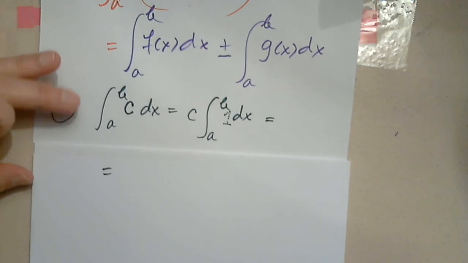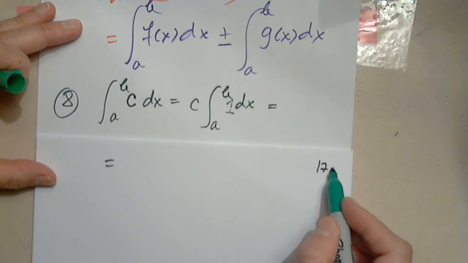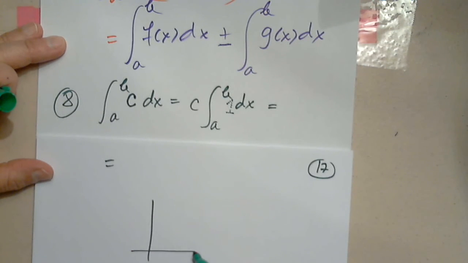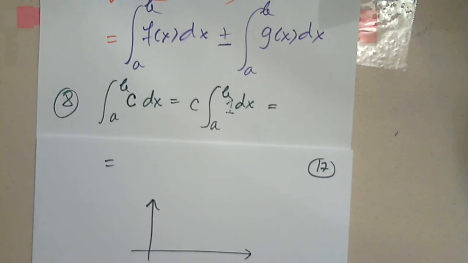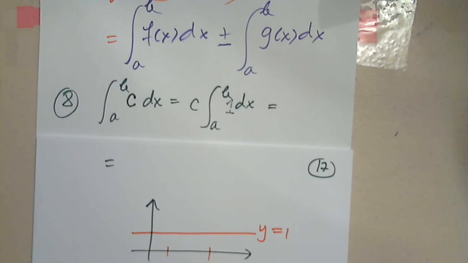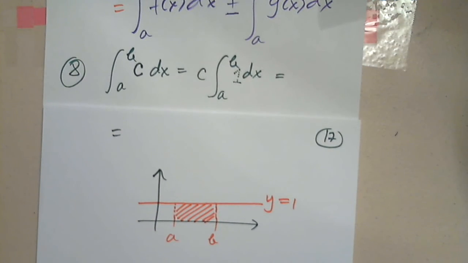But let's just graph it, and then we'll continue it. I graph the function. What function? 1. I graph the interval. That must be the area.